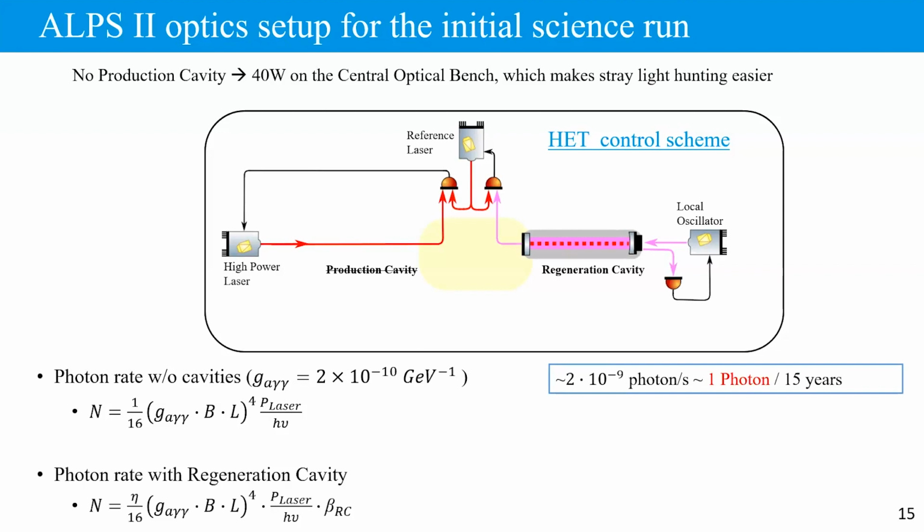And if we then install the regeneration cavity with the power buildup that I mentioned before, so with 7,000, then we get a photon rate of about 1 photon per day. Okay, so this is the setup that was used for the initial science run, which started a few weeks ago.